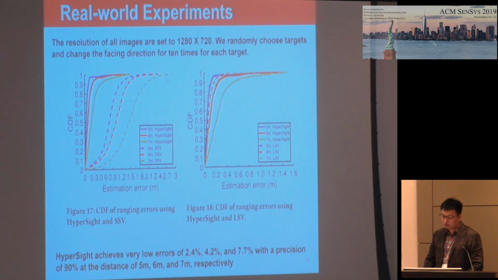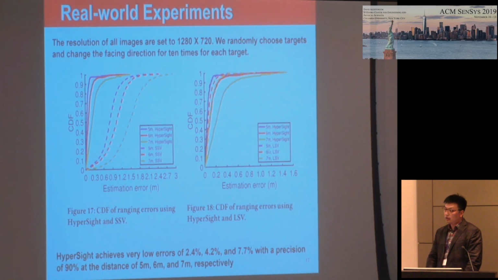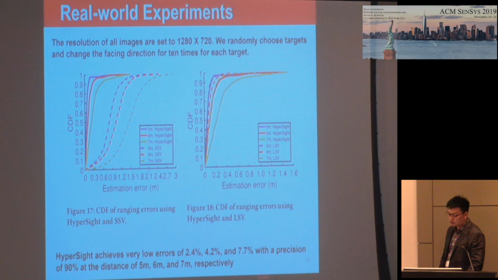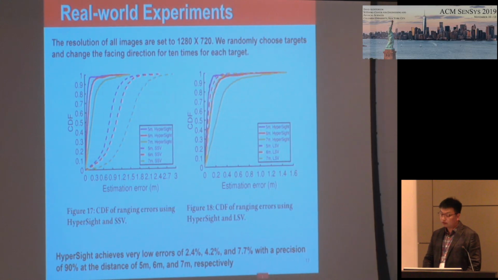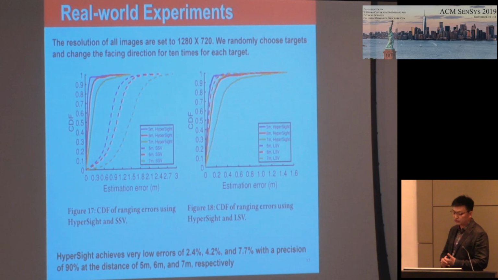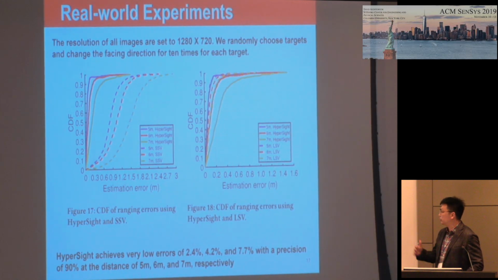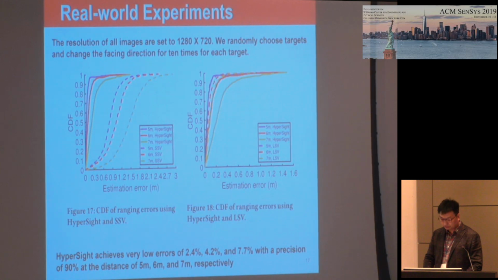We measure the performance of HyperSight and the dual camera with a short baseline and long baseline. You can see that HyperSight can achieve very low errors, about 2.4%, 4.2% and 7.7% with a precision of 90% at a distance of 5, 6, and 7 meters respectively. This distance is the distance from the operator to the target object.